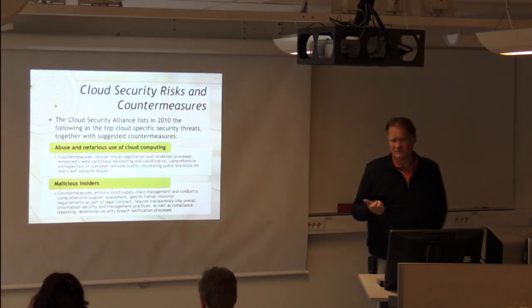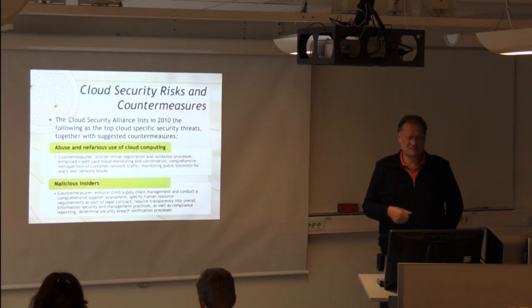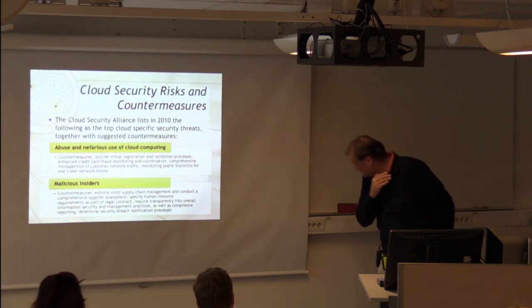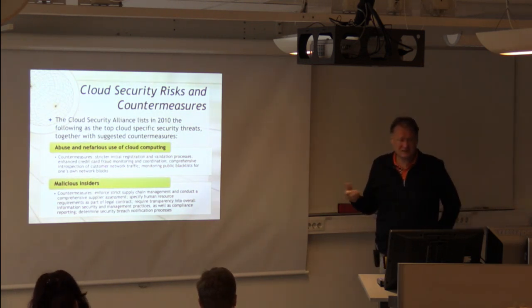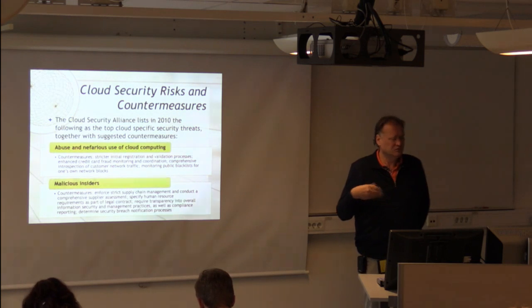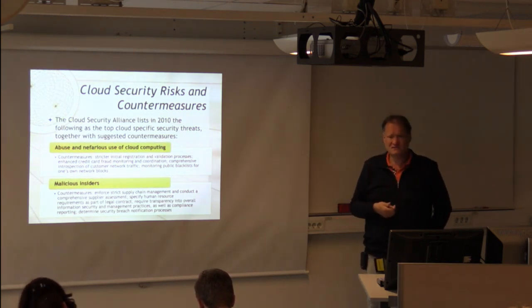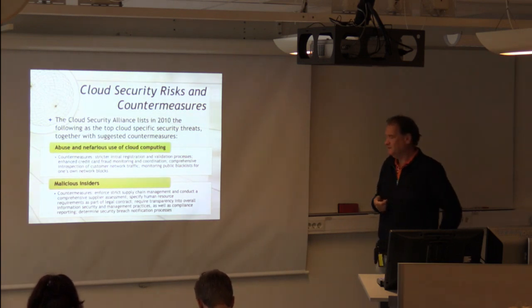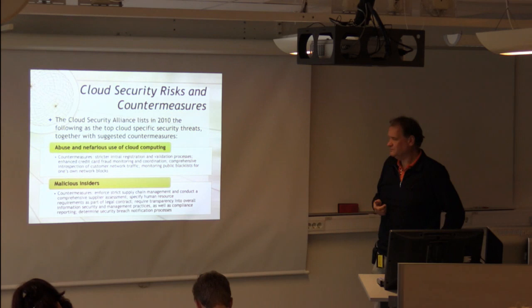And then we have a malicious insider. We have resources, we have a cloud, we have lots of data from different customers. And of course, an insider, one who's working with a cloud provider, could potentially do quite a lot here. They could control the services, they could possibly access the information that is stored by different cloud customers and so on.